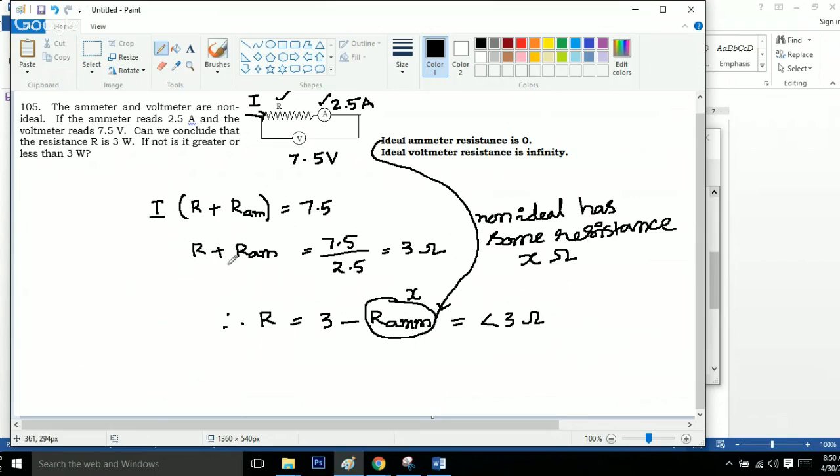No, I will draw. By seeing the diagram, you will get a doubt. I will draw like this. This is ammeter. This is the voltmeter. But my intention is to say that this current is I.